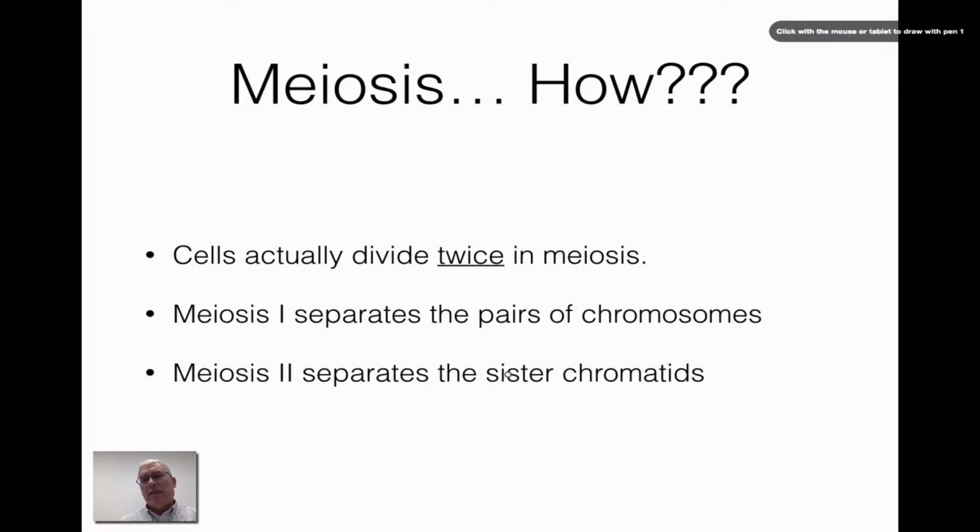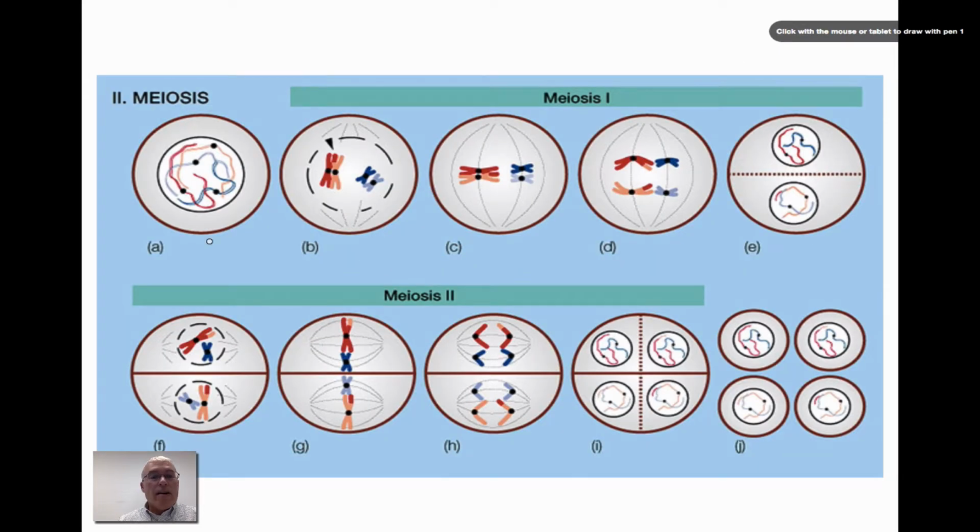And I'm going to show you this on a diagram, so don't worry about trying to visualize this just yet. But the 2 most important things to remember about meiosis are that meiosis 1 is separating pairs, and meiosis 2, the second division, is separating chromatids. All right, now in this picture, we have a cell right here going through meiosis.